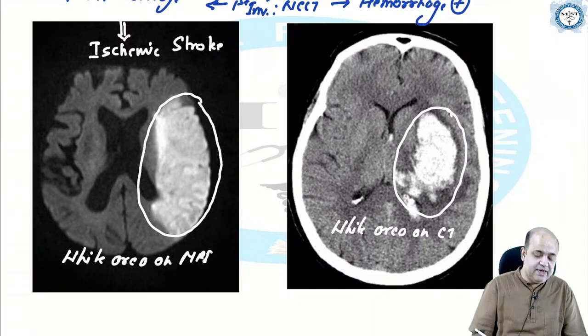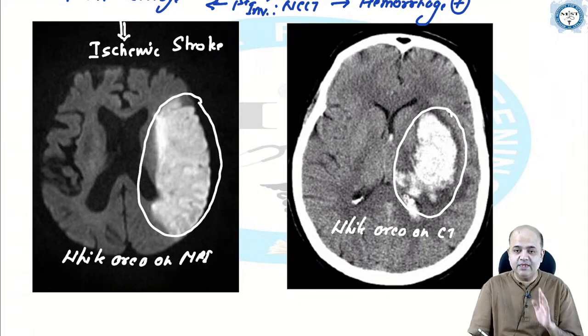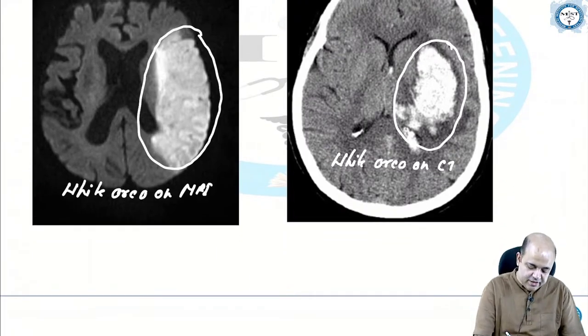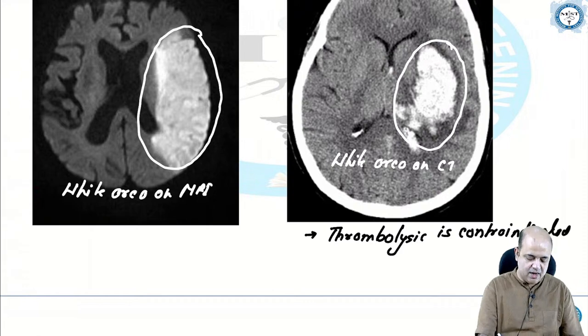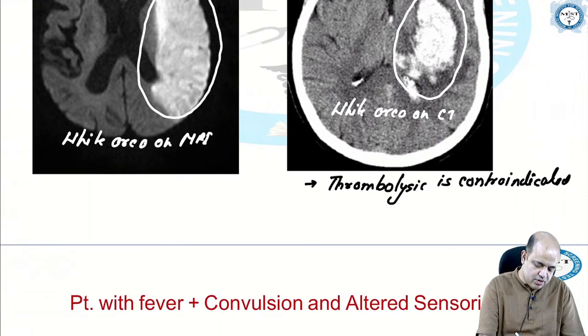Why is it important to differentiate between a hemorrhagic stroke and an ischemic stroke? Because in hemorrhagic stroke, thrombolysis is contraindicated, and in ischemic stroke the treatment of choice is thrombolysis.